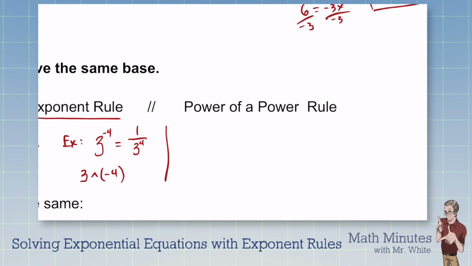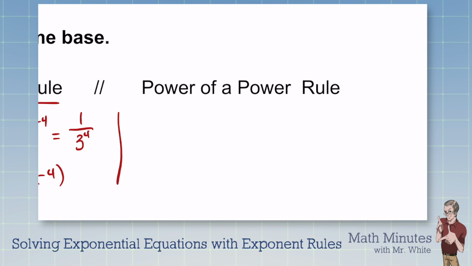And then the other exponent rule that you learned in Algebra 1, and I have a video that covers all the exponent rules if you need to search my channel and dig that out. But the power of a power rule says this. If you have x to the nth power, and then you raise it to the mth power, you multiply the exponents.